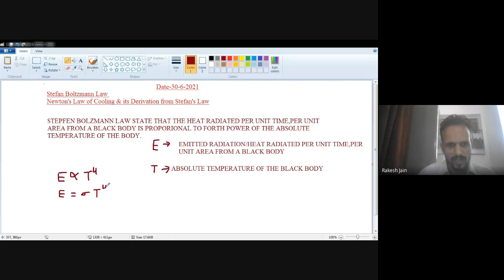So E is equal to sigma T raised to the power 4: the radiated emission is equal to the Stefan-Boltzmann constant multiplied by the fourth power of the absolute temperature of that black body. Here sigma is the Stefan-Boltzmann constant.